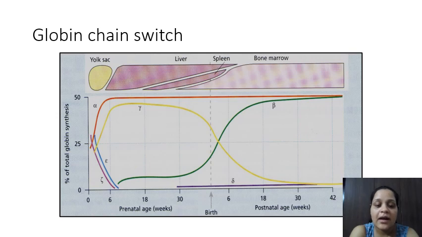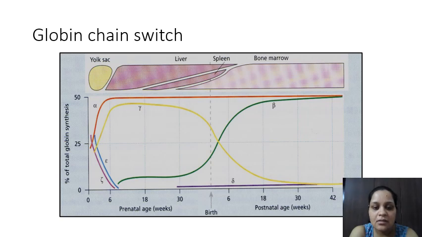Since the production of beta chains has started, a small amount of adult hemoglobin, HbA, consisting of 2 alpha and 2 beta chains, is also found. At about 30 weeks of gestation, we can see the production of delta chains, so a small amount of HbA2, consisting of 2 alpha chains and 2 delta chains, is also found.